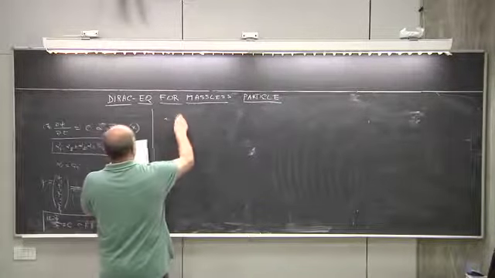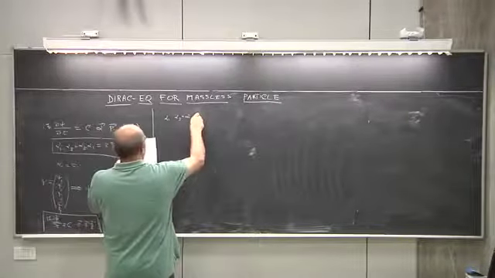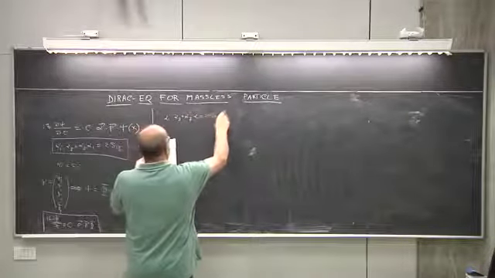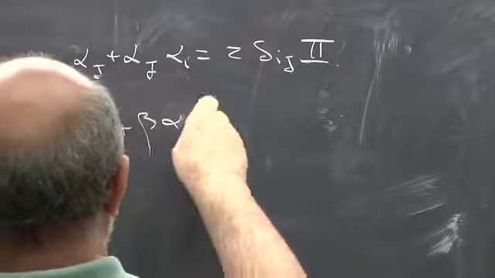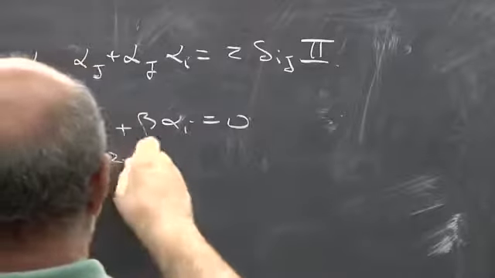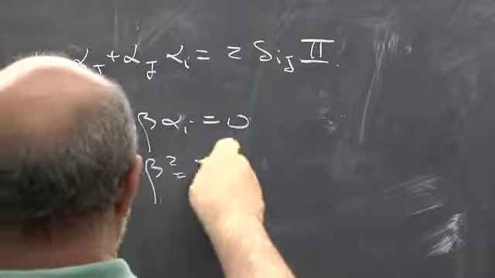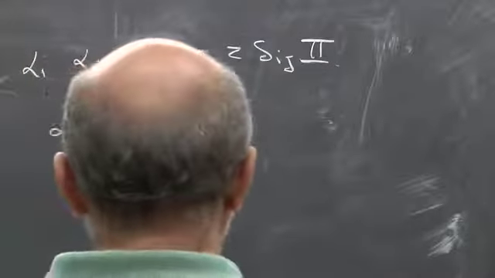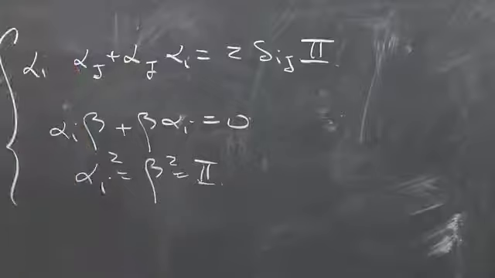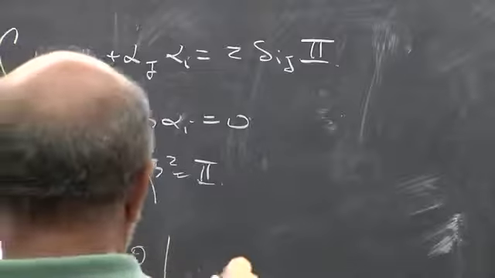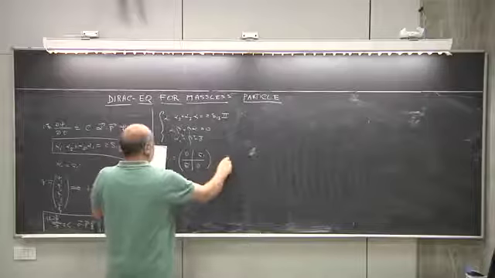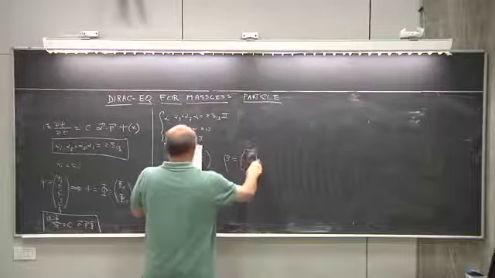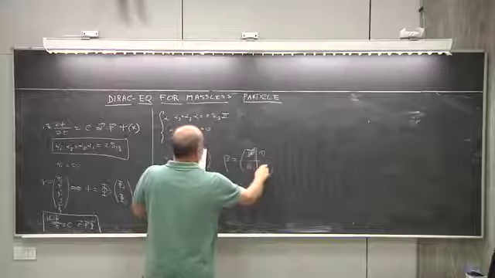Let's remember alpha i alpha j plus alpha j alpha i equals 2 delta ij, and alpha i beta plus beta alpha i equals 0, alpha i squared equals beta squared equals I. And we have seen one realization of these matrices, that is the following. Alpha i equals 0, sigma i, sigma i, 0, beta equals I, 0, 0, minus I.